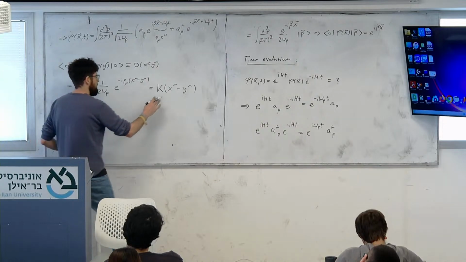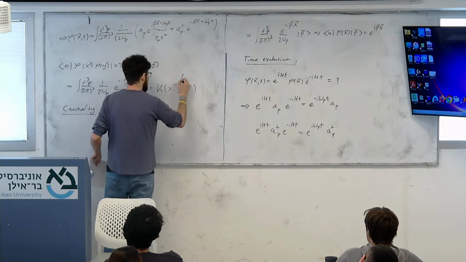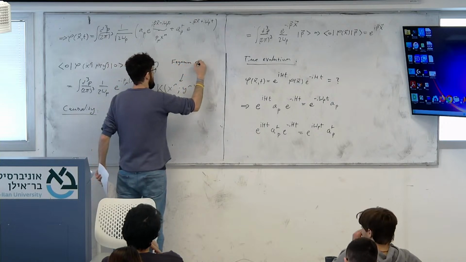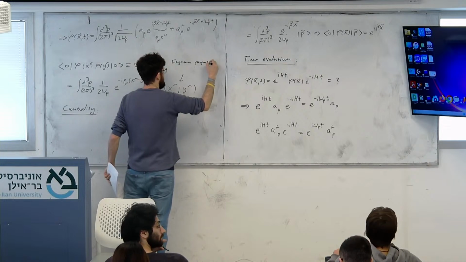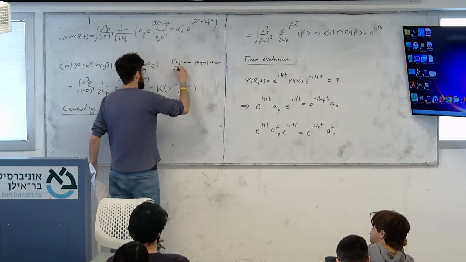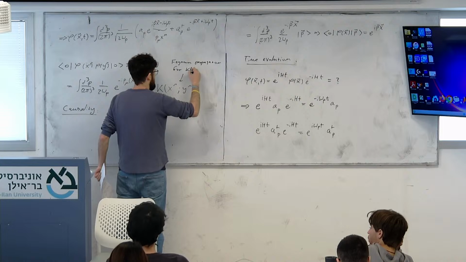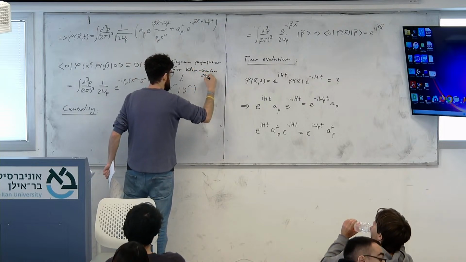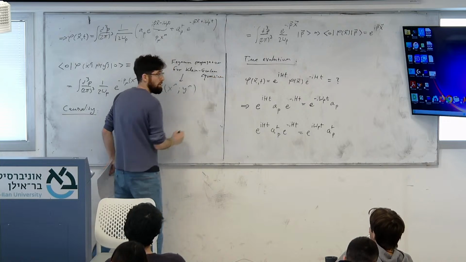What I meant is this is the Feynman propagator for the Klein-Gordon equation.